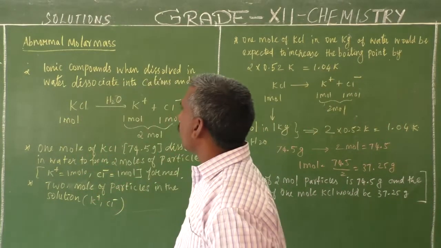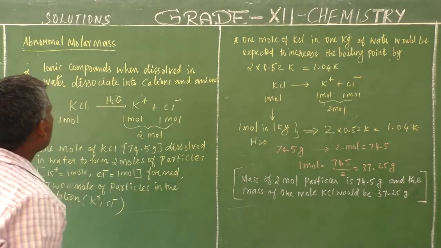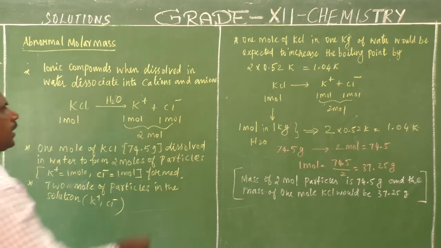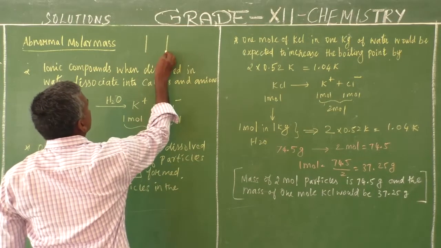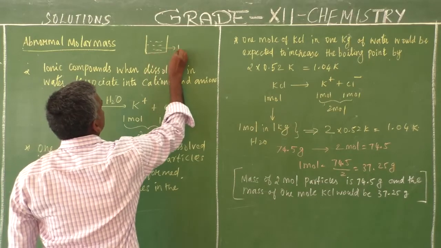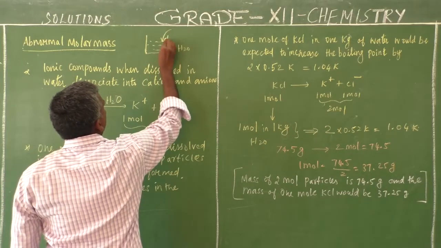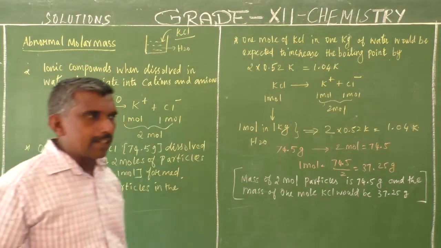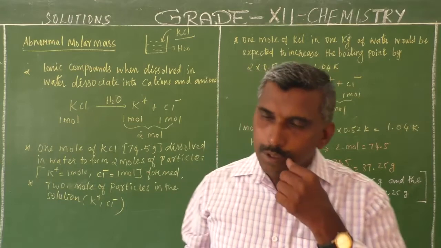Abnormal molar mass. First, an ionic compound dissolved in water dissociates into cation and anion. Take one beaker and fill it with water. Ionic compounds are, for example, KCl, NaCl, Na2SO4, MgSO4.